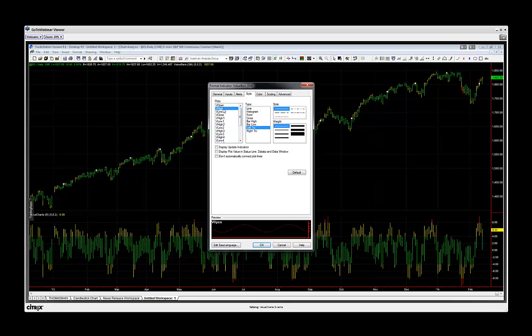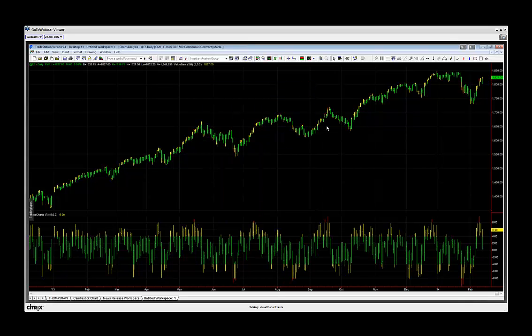Over here you have V open, V high, V low, close, high 1, high 2, etc. Go to each one of these and increase the weight. If you go through and increase the weight on all of these, it will make your value bars thicker, and therefore it makes it easier for you to see the different value levels. So you can see how they just got a little bit larger.